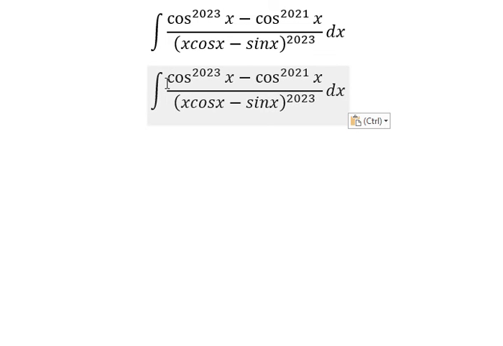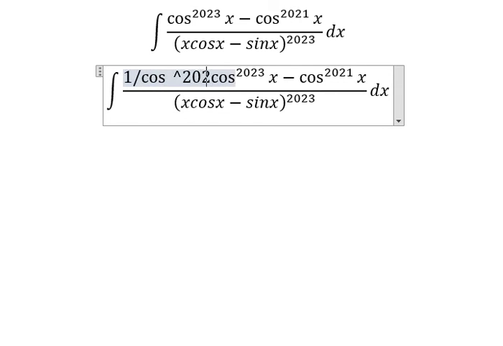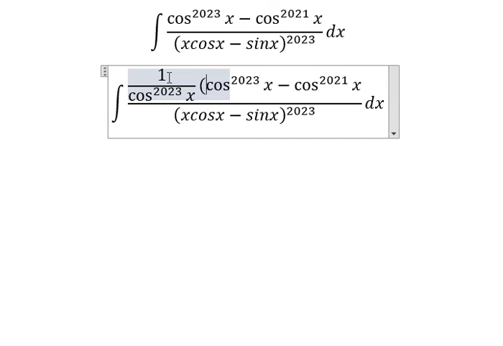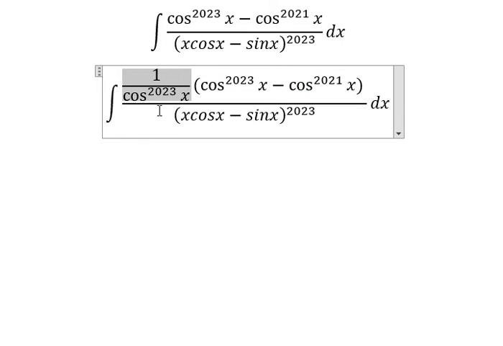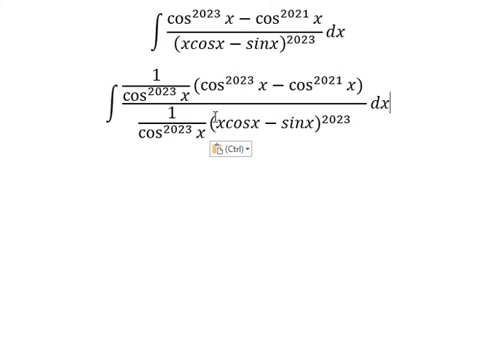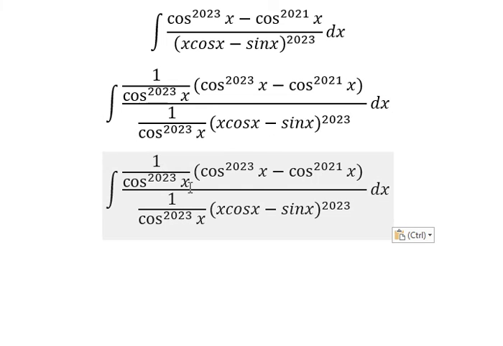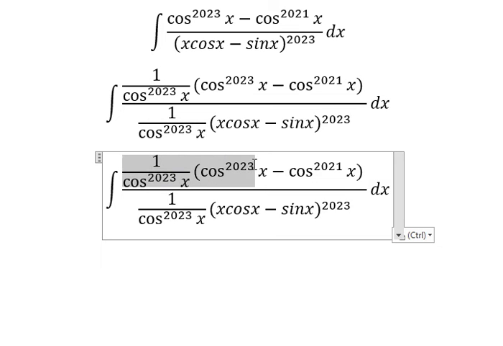We need to divide by cosine x to the power of 2023 on numerator and denominator. So this one multiplied by this one, you got about number 1.